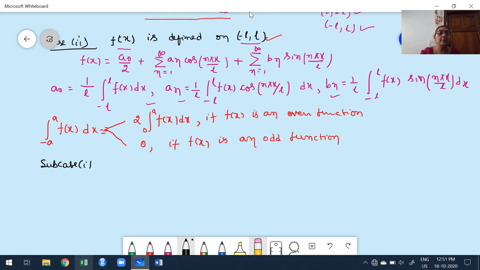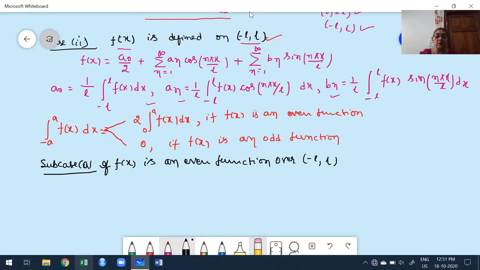Subcase 1, or you take A: if f of x is an even function over the interval minus L to plus L. Before constructing the Fourier series, first you have to verify what happens to A0, AN and BN.